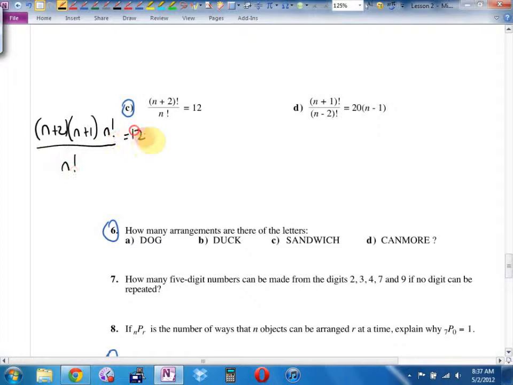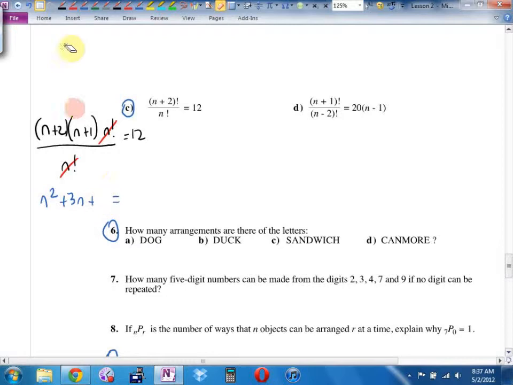That equals 12. I'll FOIL this out. You can remember FOIL from the good old days, back when math seemed easy, yes? N squared plus 3n plus 2 equals 12. What kind of an equation is this? How do I know? Make it equal to 0. Because I'm running out of room, I'm going to cheat.